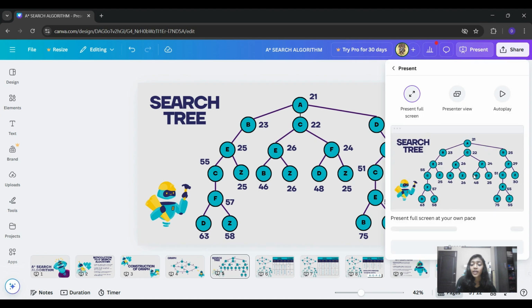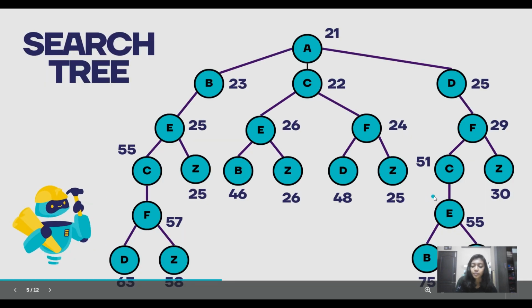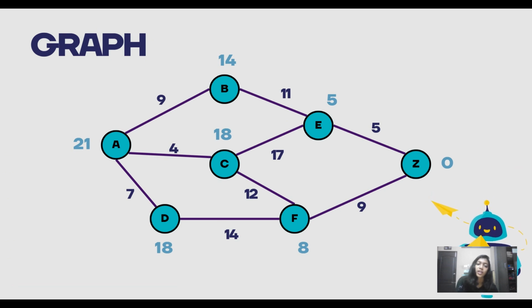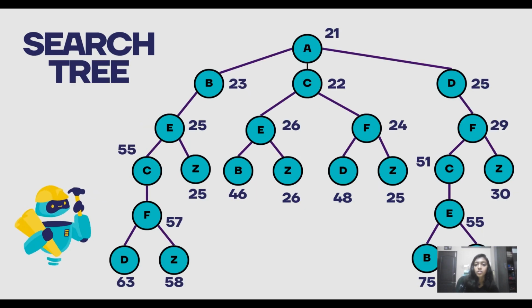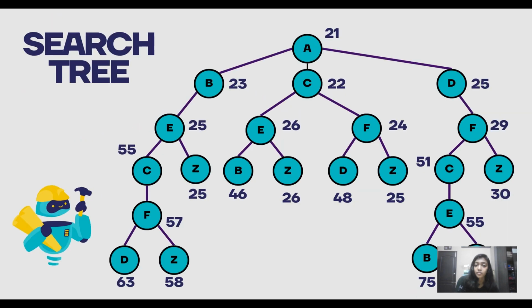So for the graph I have shown in the previous slide, I have drawn the search tree. From this graph you can observe that A is the parent for B, C, and D nodes. So that is what is depicted here. Whereas for B, there are two nodes branching out from B, which are A and D. But since A is already the parent of B, we only take E as its child.